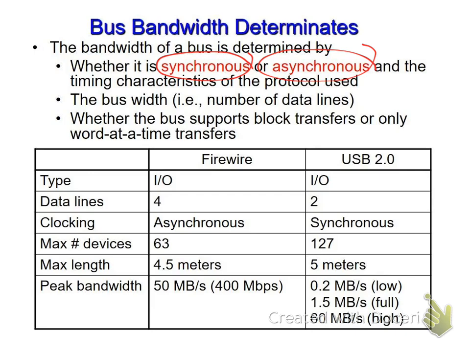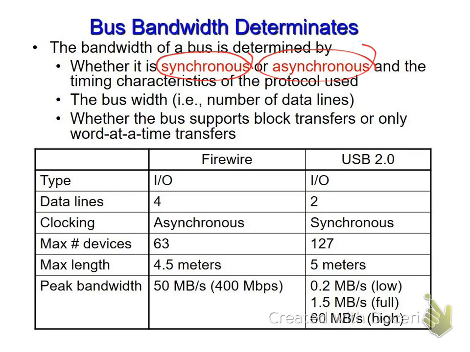So basically, if there is a clock signal, it will be synchronous. If there is no clock, this means that it will be asynchronous. Meaning that if I have a clock that will determine exactly how I will speak to you, this means that I'm speaking synchronously. As an example, there is a timer or a clock with seconds, and with each second I have to send a certain data, and so on and so forth.